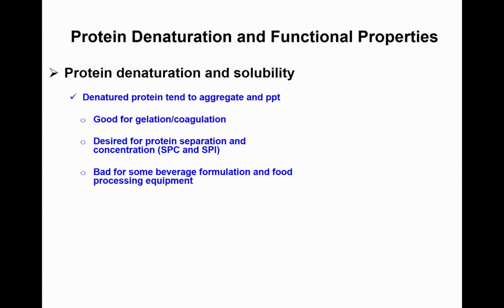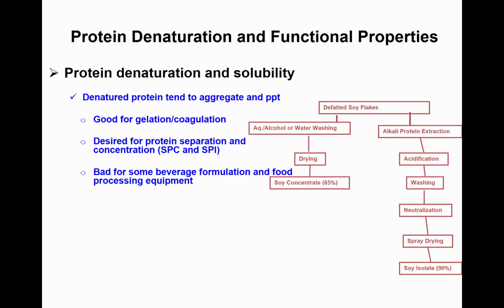So we use solubility of the protein and what we know about its solubility to produce ingredients. So this is an example of producing an ingredient based on what we know about the protein. So here's a soy protein example. We know that it is soluble at alkaline.